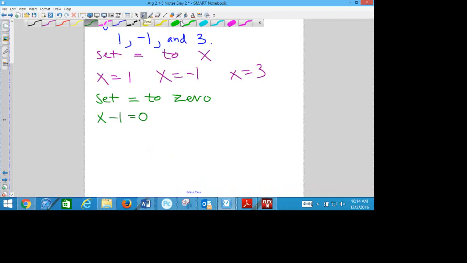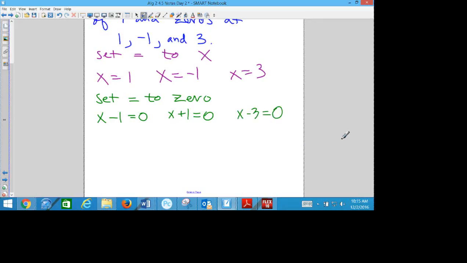For the middle one, how do I move -1 over? We add 1, so we'll have x plus 1 equals 0. The third one, we move -3 over, so we'll have x minus 3 equals 0. So we set each equal to 0.